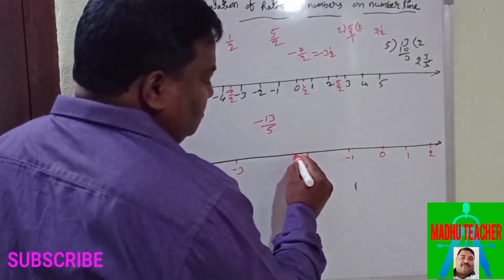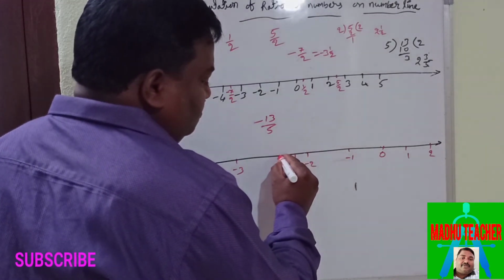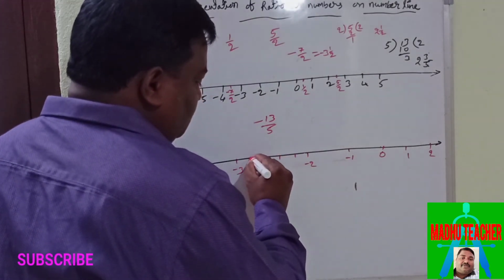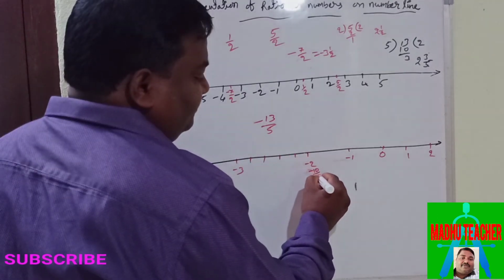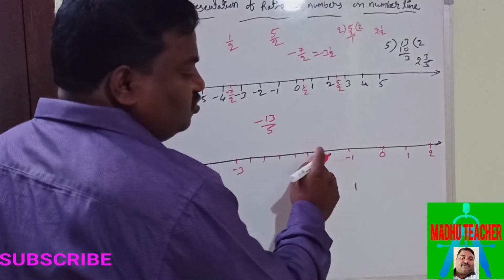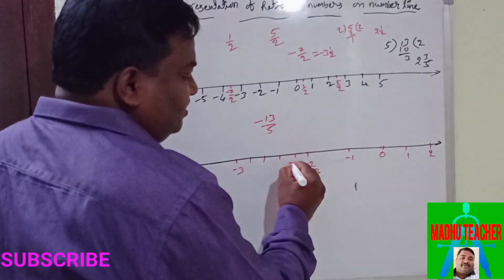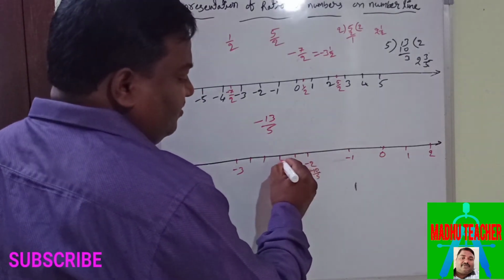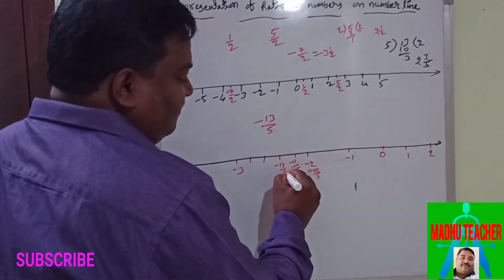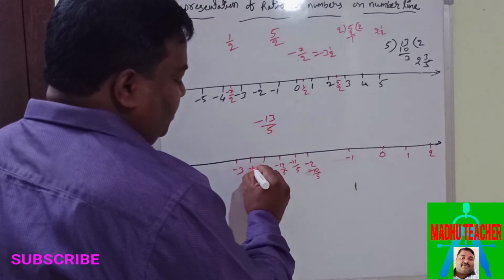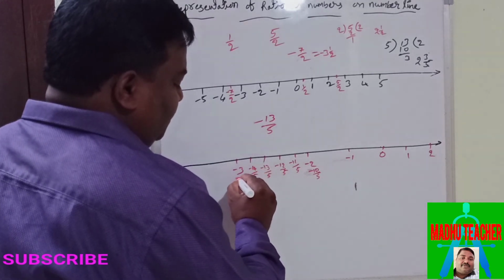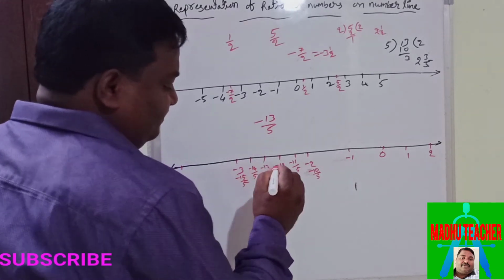So that is 1 2 3 4 and 5. So this is -10/5, since 5 ones are 5, 5 twos are 10. This is -11/5 and it is -12/5, -13/5, -14/5 and -15/5.